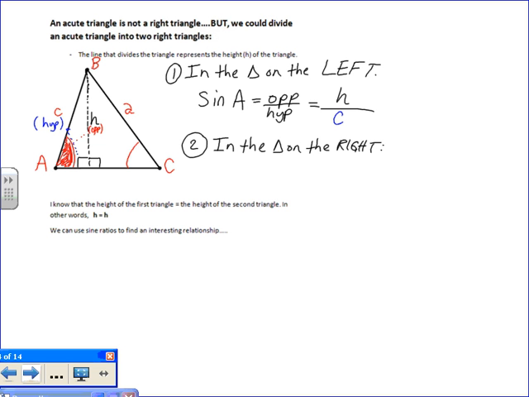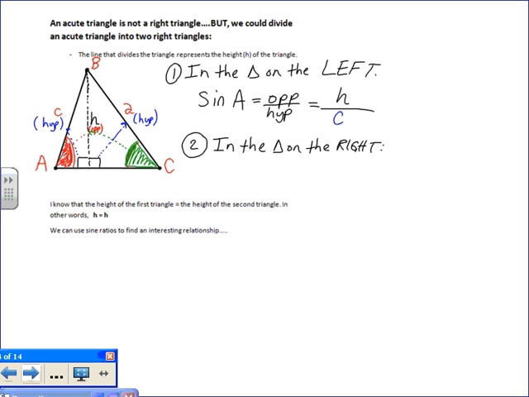Now if we look at the triangle on the right, so if we look at angle C as our angle of interest, and if we label this little right triangle relative to angle C, then H, the height of the triangle, again is going to be the opposite side because it's right opposite from my angle C. And the hypotenuse of this right triangle is going to be right here, little a, or the length B to C, because it's right across from my right angle.